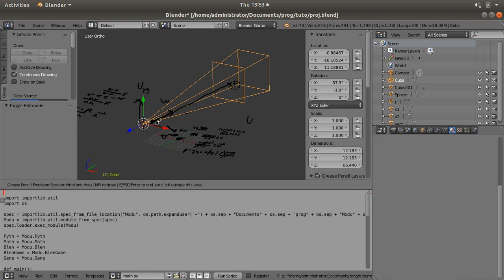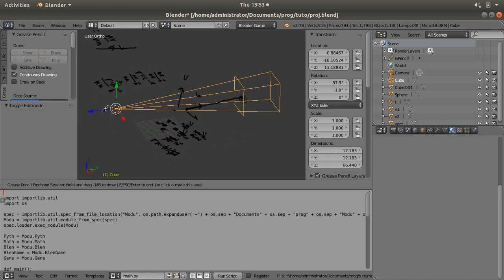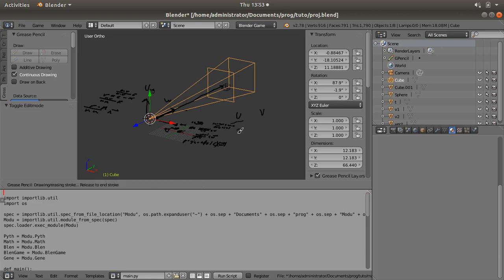I project this vector onto my camera's V vector, that gives me a V point. And then say this distance where my W ray intersects this plane, I'll call that D for distance. I divide U and V by distance, and there's basically my 2D point.